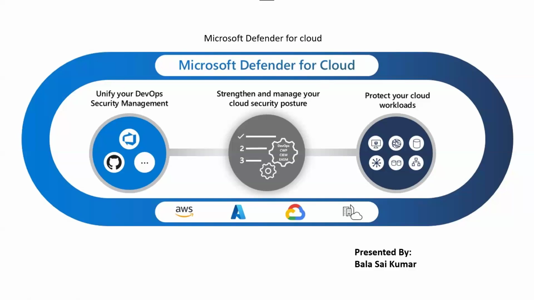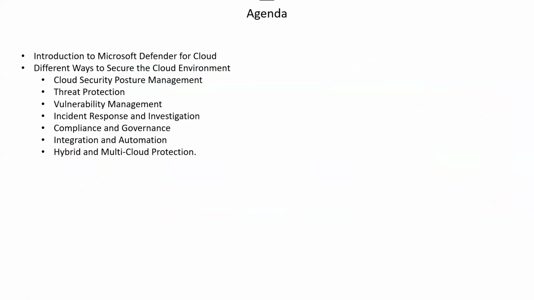Hi, sir. Good evening. Today my demo is on Microsoft Defender for Cloud, Cloud Security Posture, and different ways to secure our cloud environments. First, let's start with Defender for Cloud. Our agenda covers cloud security posture management, threat protection, vulnerability management, how incident response and investigation work, how compliance and governance work in a cloud environment, and integration and automation of cloud security.